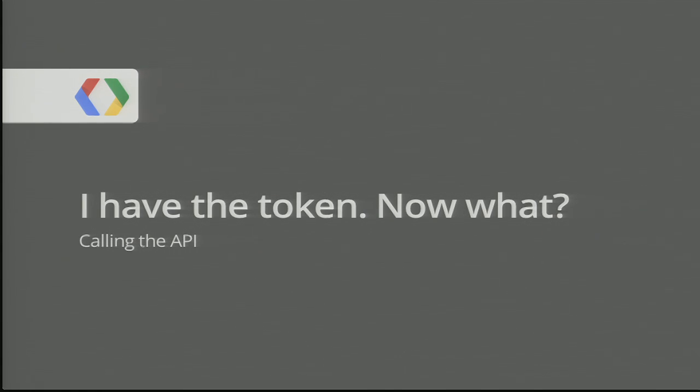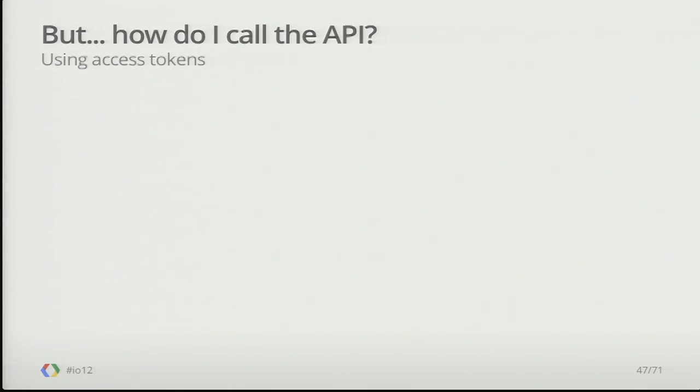So you have these tokens. We've reached our goal with both the client-side JavaScript flow and the server-side flow, and you have this access token. Now, how do you use the access token to access an API? It's pretty simple. There are 2 different ways. There's the preferred way, which is using an HTTP header.